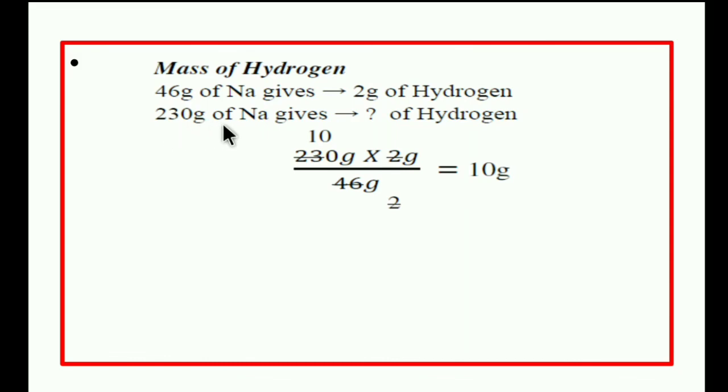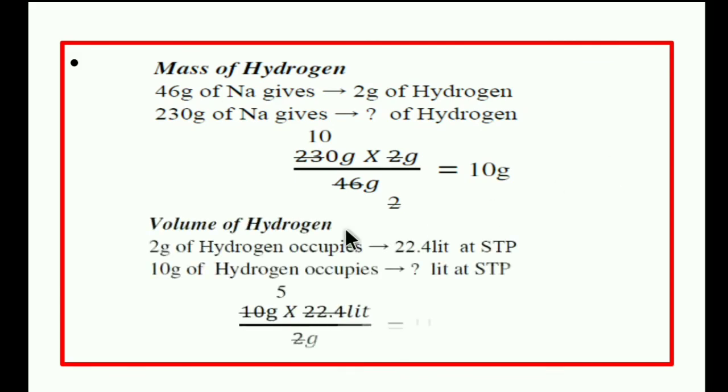And 230 grams of sodium gives how many grams of hydrogen? That means 230 by 46 into 2. Then we can equate and solve this, and we will get 10 grams, because 23 goes 10 times.